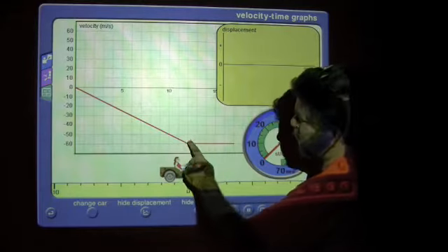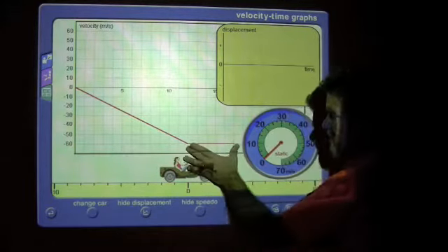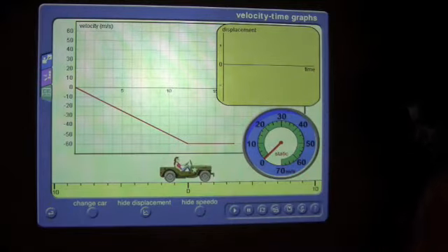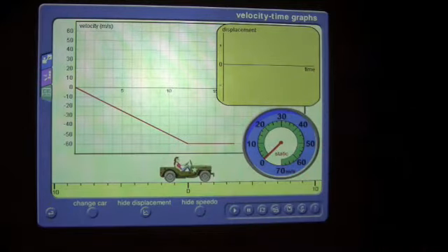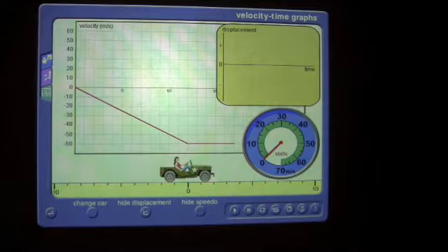And then from 12 through 17, she stays at negative 60. Okay, so I'll give you a second to predict what it's going to look like, and predict a final position, final negative position.